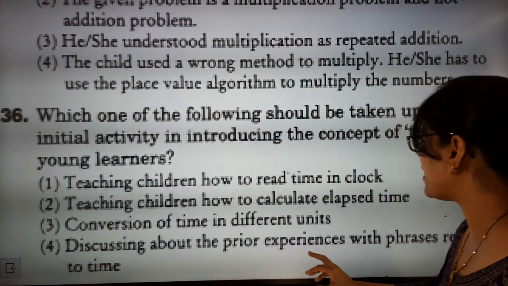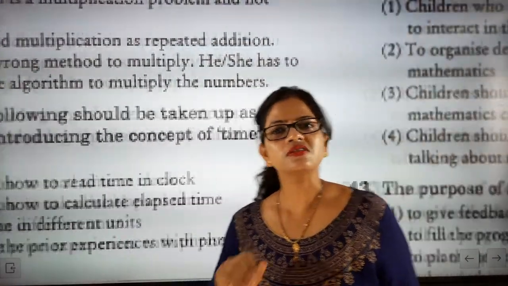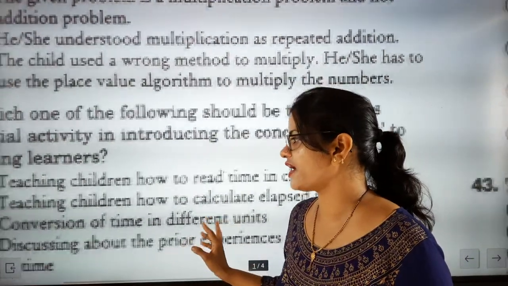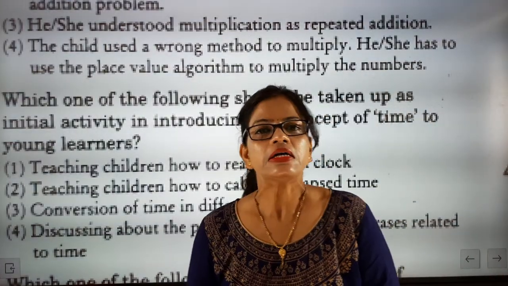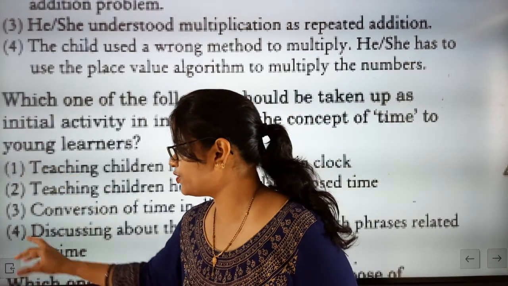Discussing the prior experience with phrases related to time. So you yourself understand that when you are learning time for the first time and you are going to see time and learn, then what are you going to use? First one or 4th one?